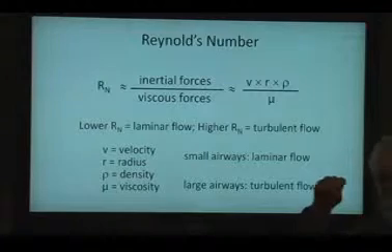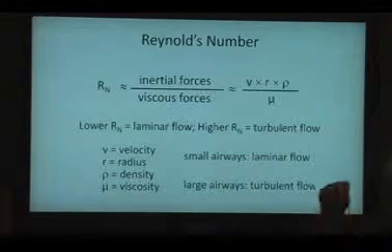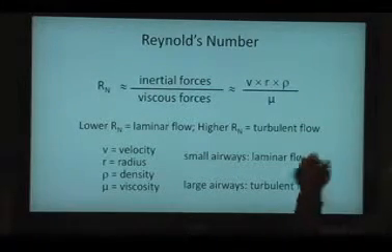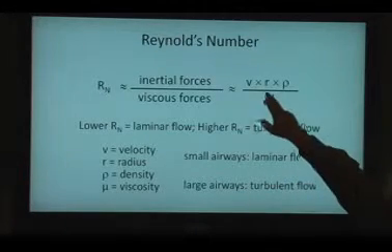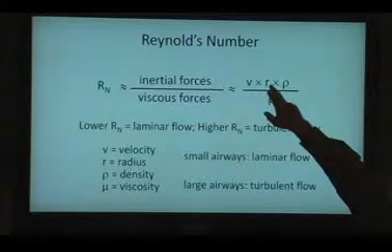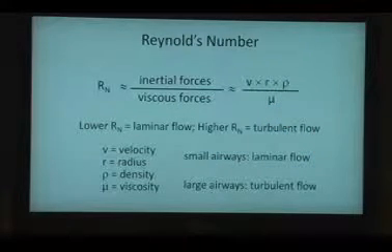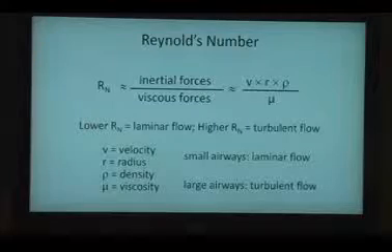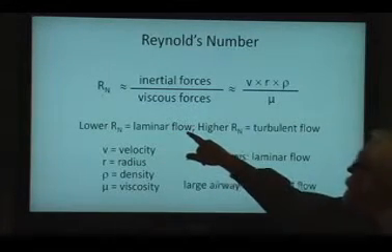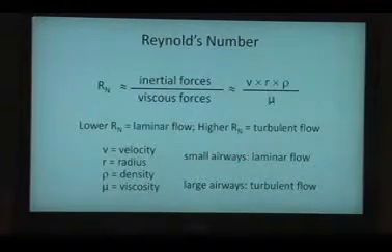So not how fast the flow is, not the amount of flow. So it's not flow rate, it's velocity, which is the speed of the flow. The radius of the airway and the density of the gas. So rho here is density. If we lower the Reynolds number, we get laminar flow. If we increase the Reynolds number, we get turbulent flow.